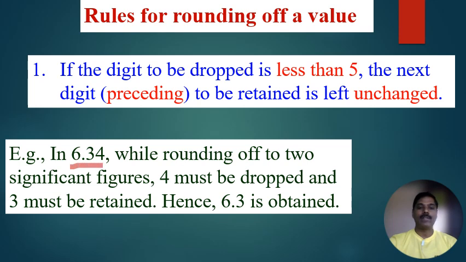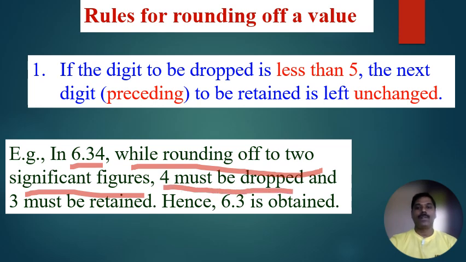In 6.34, while rounding off to 2 significant figures, 4 must be dropped. Since 4 is less than 5, 3 must be retained as it is without changing.